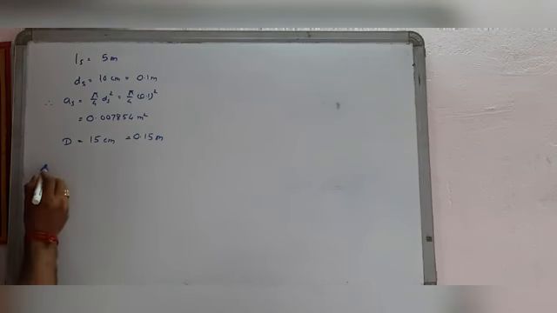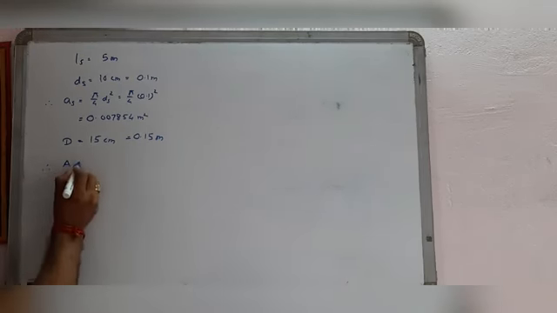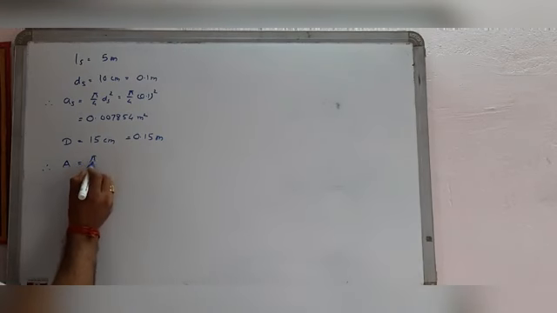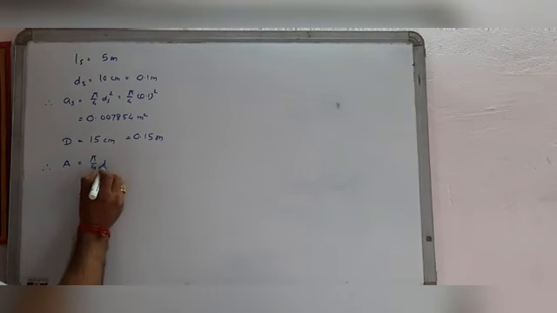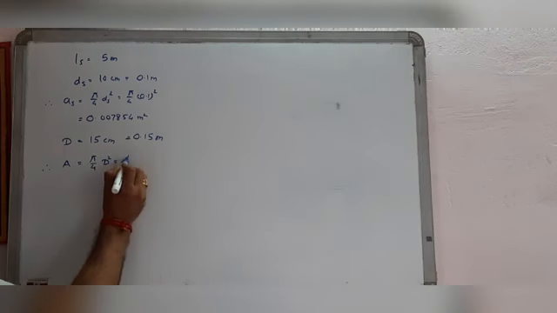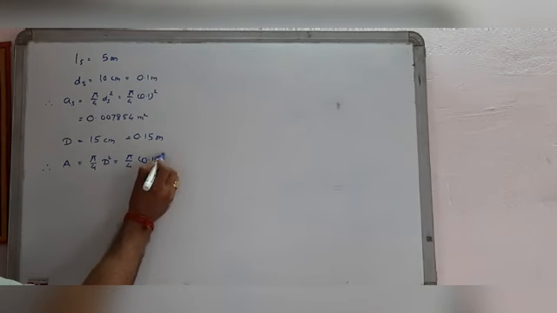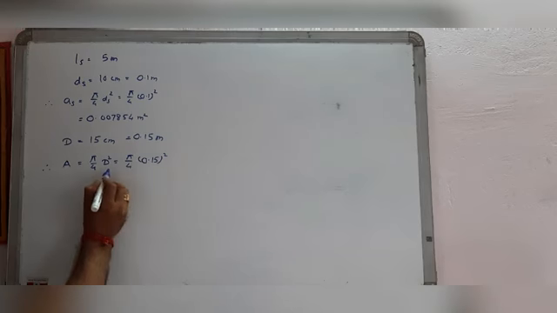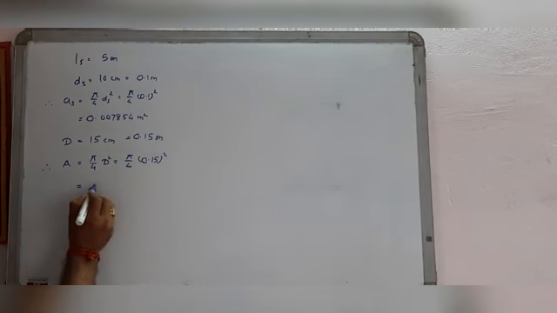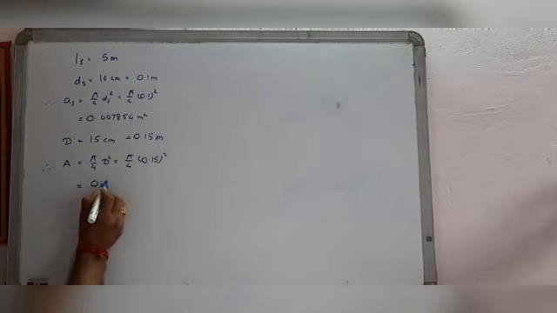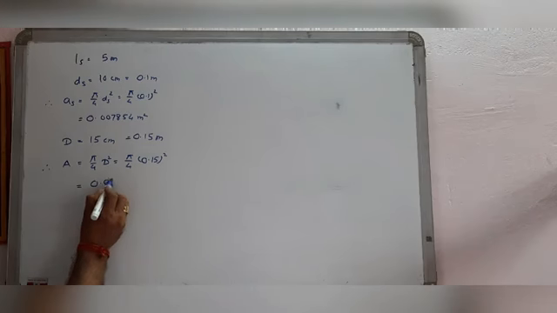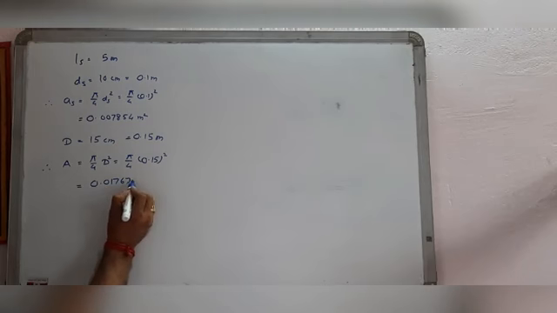So area of plunger equal to pi by 4 D square, pi by 4 into 0.15 square equal to 0.01767 meter square.